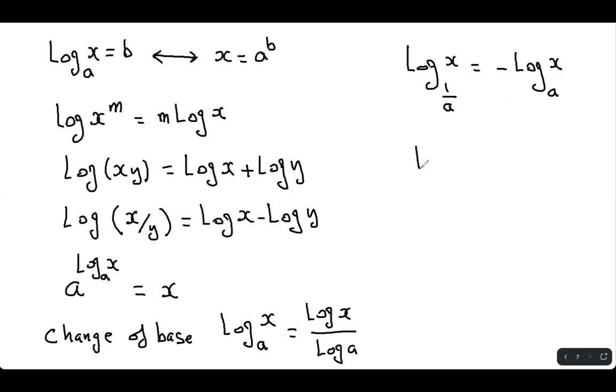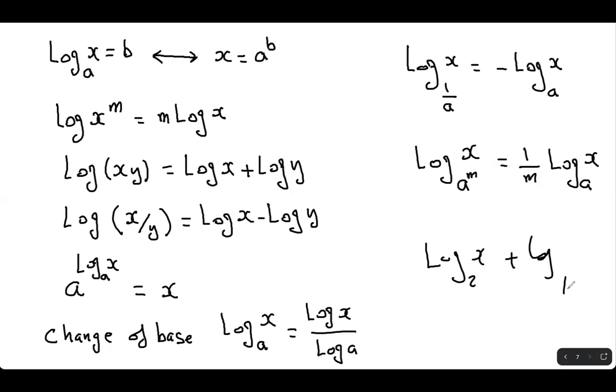And then also, if you have log base a to the power of m of x, the base has an exponent that could be changed to 1 over m log base a of x. And the reason I'm showing you this, because sometimes you have a log base 2 in a question, and then a log base 4 or base 8, for instance, of x, and they want you to combine them.